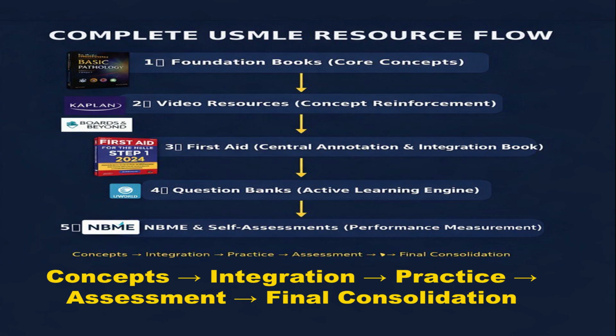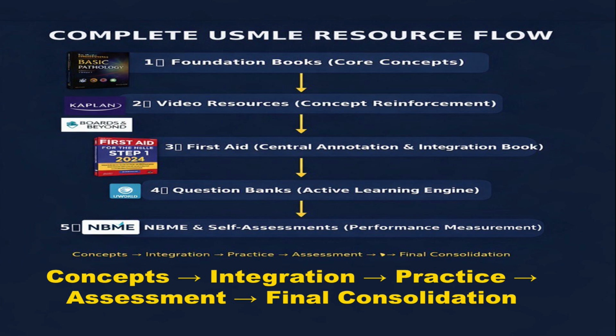This slide shows the complete flow of USMLE resources, from foundational knowledge to final assessment. We start with foundation books, which give you the core concepts needed for all subjects. Next, video resources help reinforce concepts and provide visual explanations, making understanding easier. After that, First Aid acts as the central annotation and integration book, where all your notes and references come together.